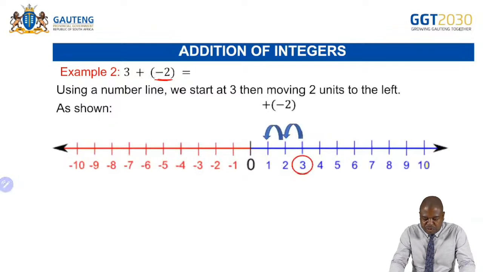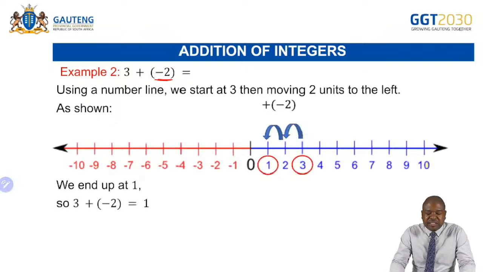You see, we move 2 units to the left and end up getting 1. So we end up at 1. 3 plus negative 2 is equal to 1. That is when using a number line.